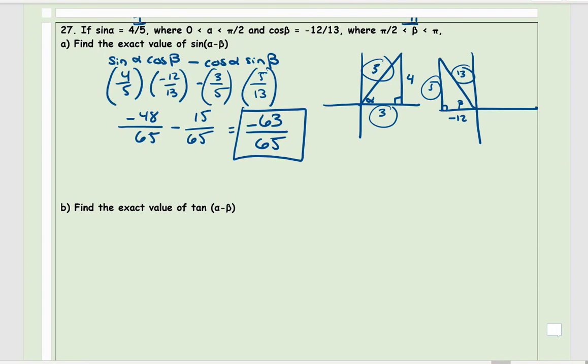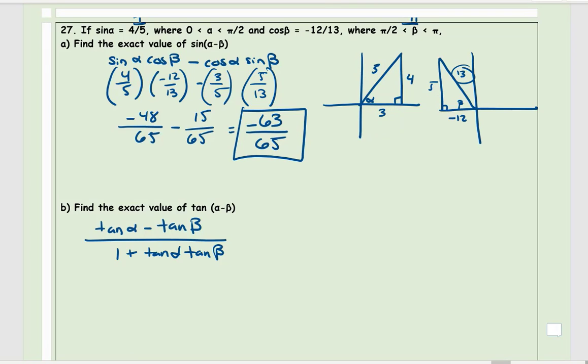So we're going to find tangent of alpha minus beta. And if you guys remember, we have tangent of alpha minus tangent of beta all over 1 plus tangent alpha tangent beta. I think a lot of kids start to really not like the tangents in this section because there's always more work that needs to be done. So we already have our triangles, right?